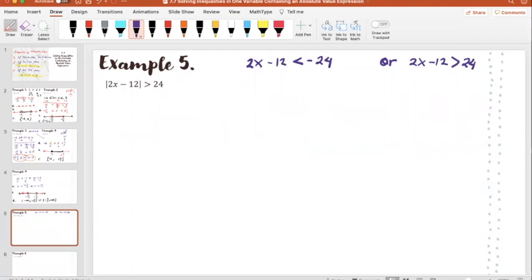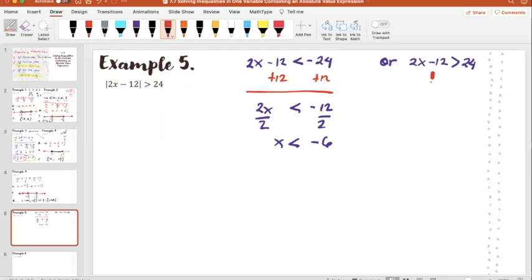Let's solve for x in each. We have to get rid of negative 12 first, so that's plus 12, plus 12. And now this is 2x less than negative 12. Divide both members by 2. Your x is less than negative 6. Now the other one: 2x minus 12 greater than 24.